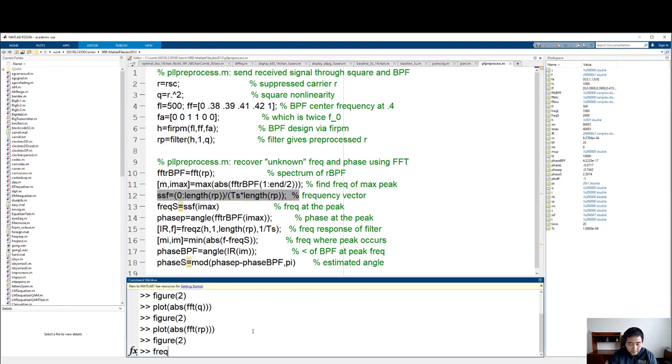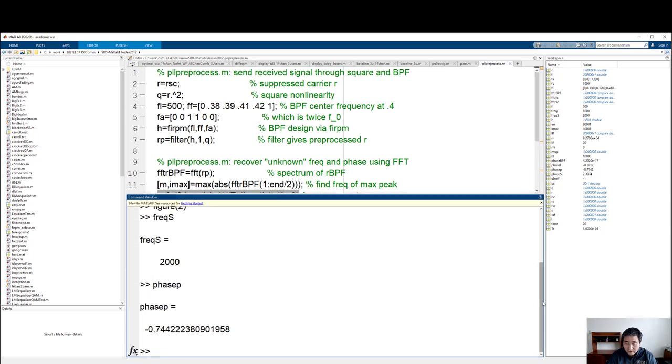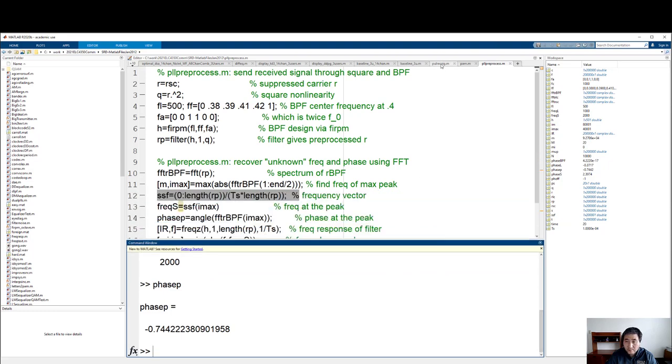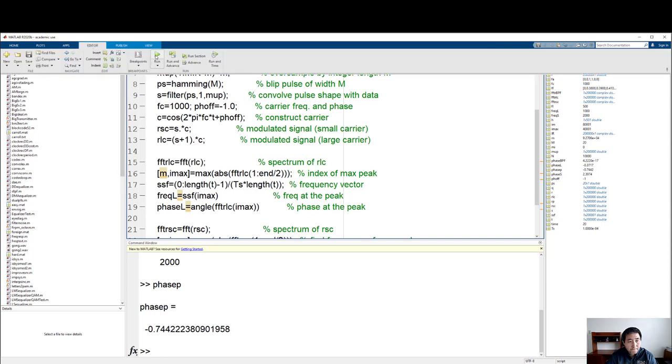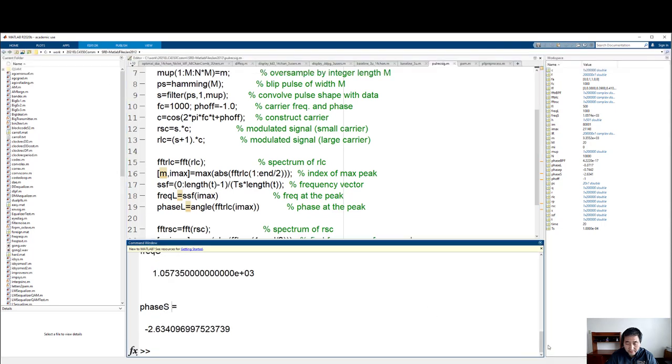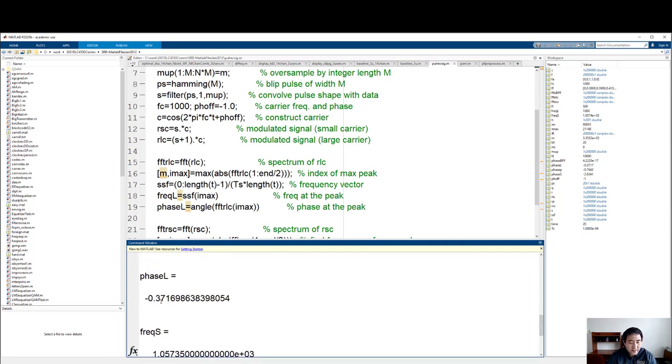So the frequency, the maximum positive peak, is at 2000 Hertz. Exactly, that's what we have at 2fc. And then this phase P is equal to negative 0.74. Now, if we compare with previously, let me run that again. The previous functions here have this phase phi, which is negative 0.37.